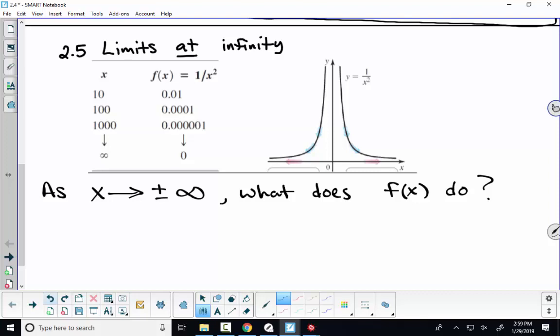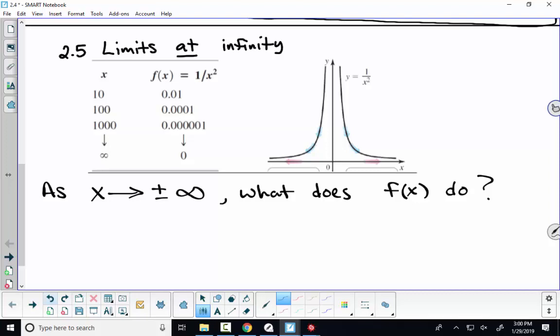So just draw some rational function that you might have seen in the past. If I drew that out like that and said there's a horizontal asymptote at 0, talking about way out here, as x approaches infinity, what do my y values do?